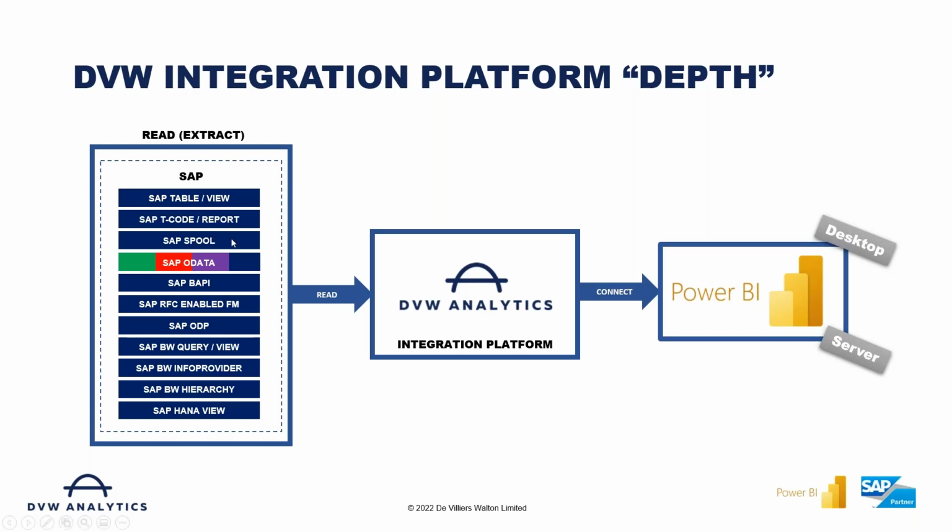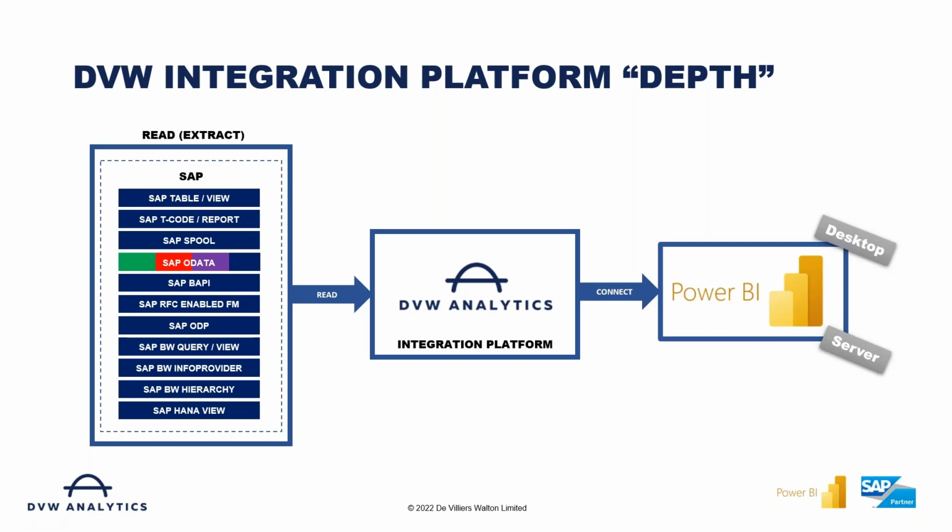SAP Spool. This is where you maybe run a job or a transaction code in the background that will write to what was the old print queue. Not so much printing nowadays, but there's still the spool there and we can read data that's been written to that spool, to that queue. We mentioned the cloud side, so there are all manner of OData connectors.